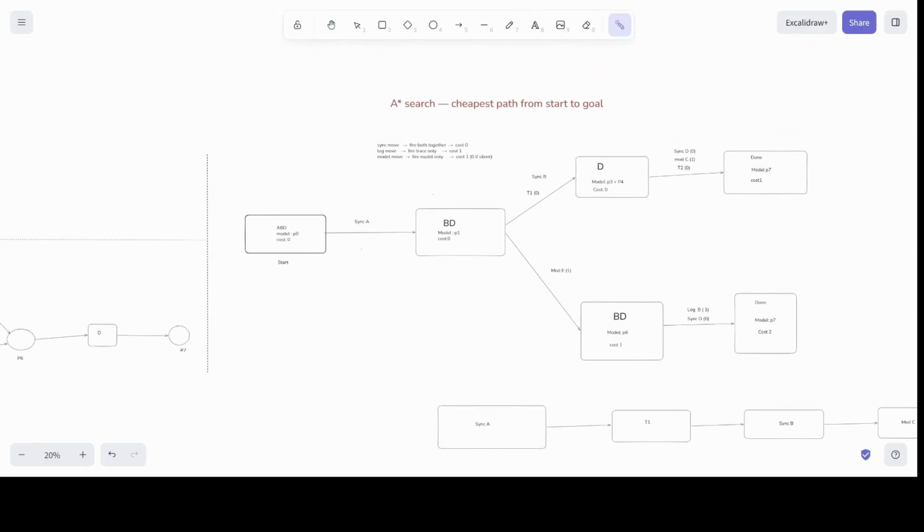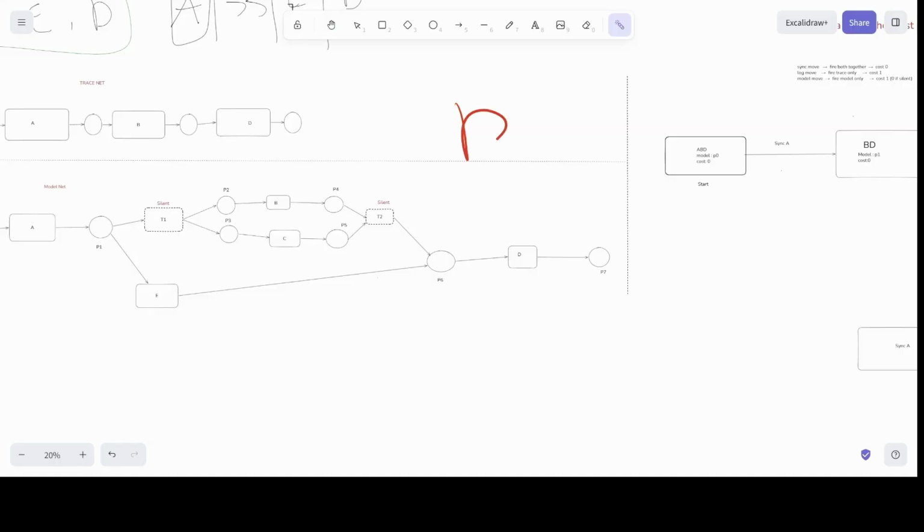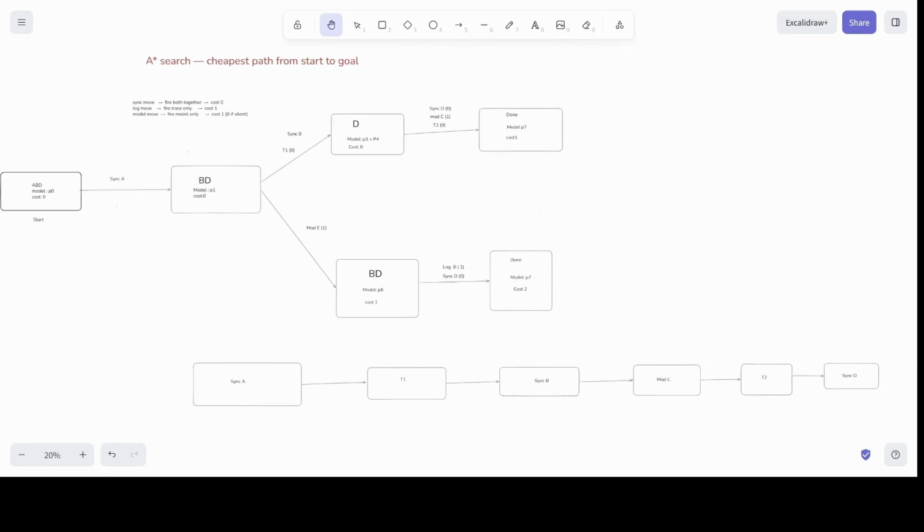After that, we still have D. So when we are here, we have D, and we have a token here. D needs to fire, and that's a sync move, because we have D left in our trace, D in the model. They both fire, they are both consumed, and we have a token here in the end place. And this path's total cost is 2, because here that incurred 1, and here it incurred 1. This is 2, this is 1.